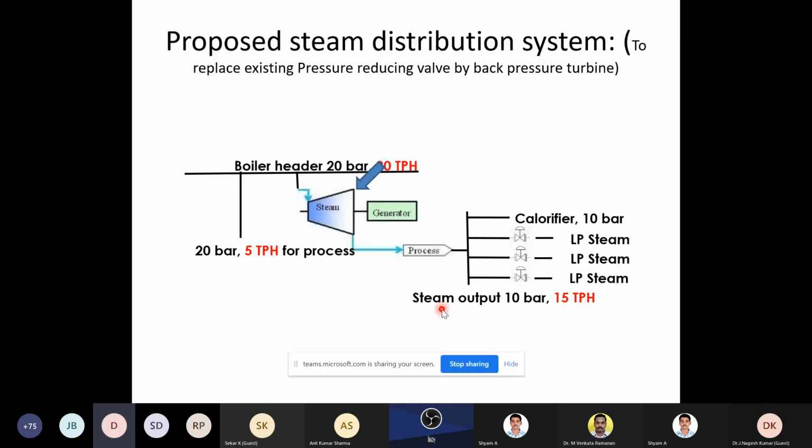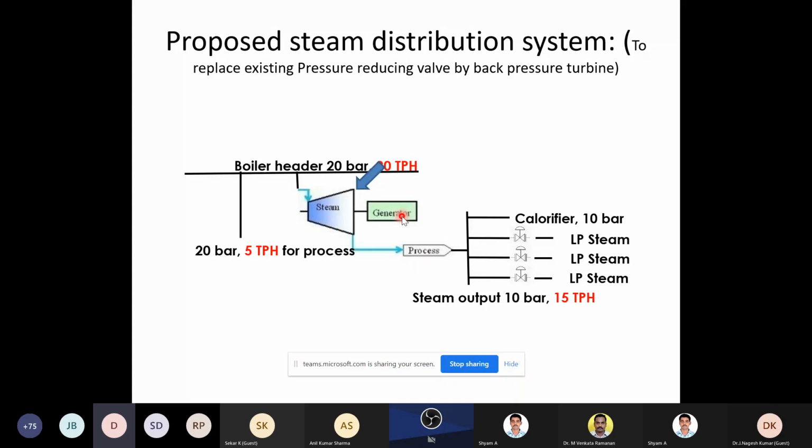And this is a process. What we have done is, from 20 bar to 10 bar, instead of a pressure reducing valve, we have put a steam turbine. Now the steam turbine is generating about 212 kilowatt of power.